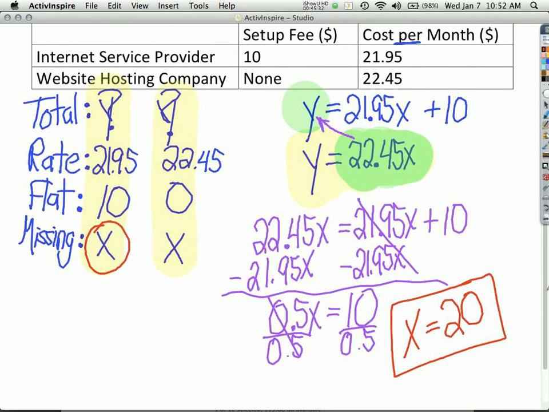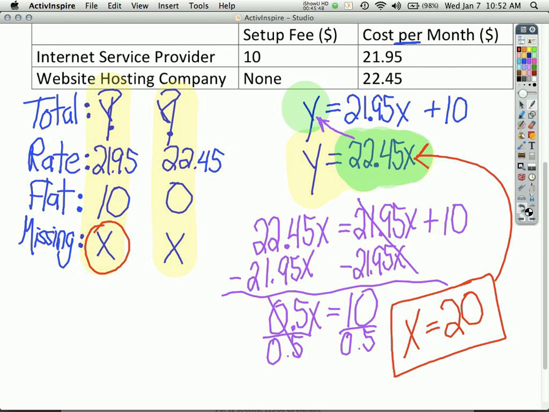If we wanted to find out the cost, we could take the 20, plug it in right there, and that will tell us the total cost after 20 months. But we weren't asked that question. We were only asked for the 20. So the answer is 20 months.